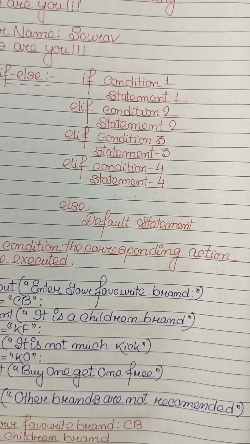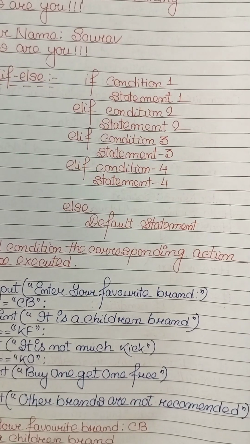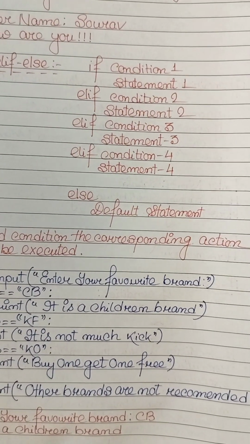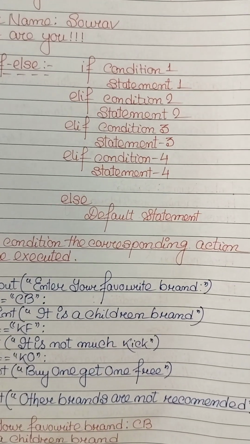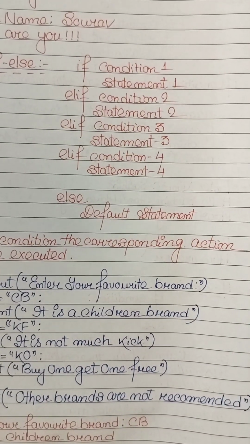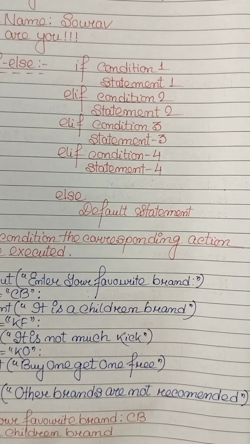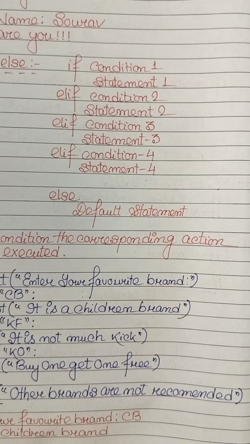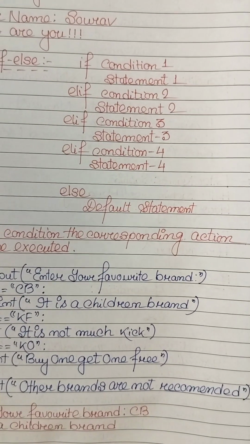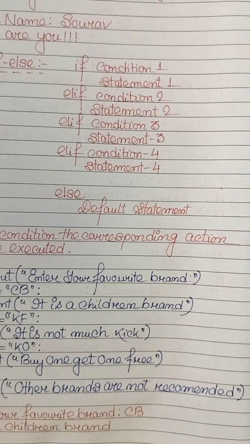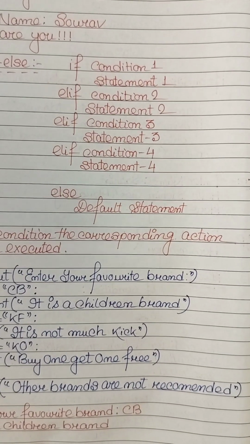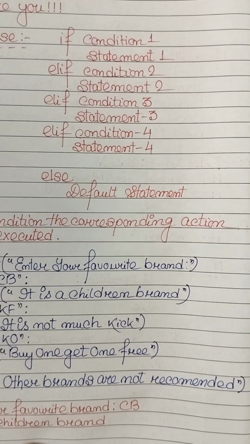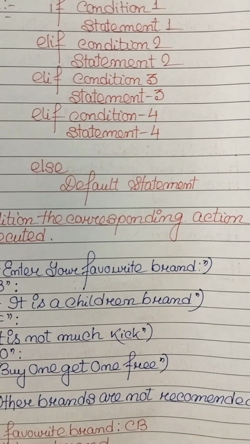If not, it will move to the next elif, condition 3. If condition 3 is true, then statement 3 will be executed. If any condition is true, only the statement of that condition will be printed. And if the if and all the elif conditions are false, then it will move to the else, that is the default statement part.